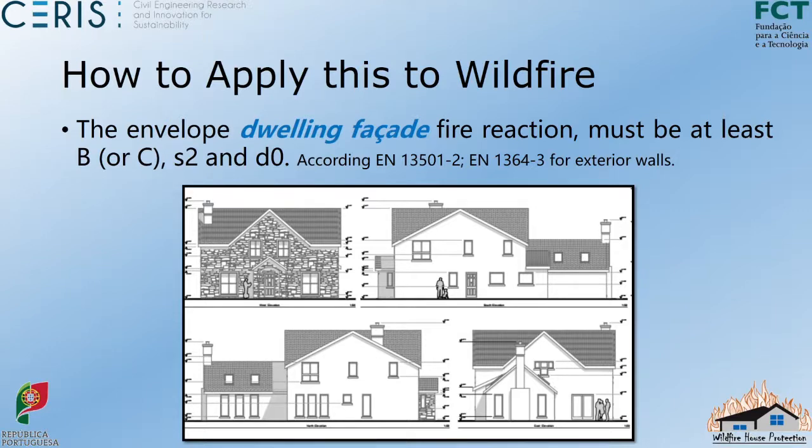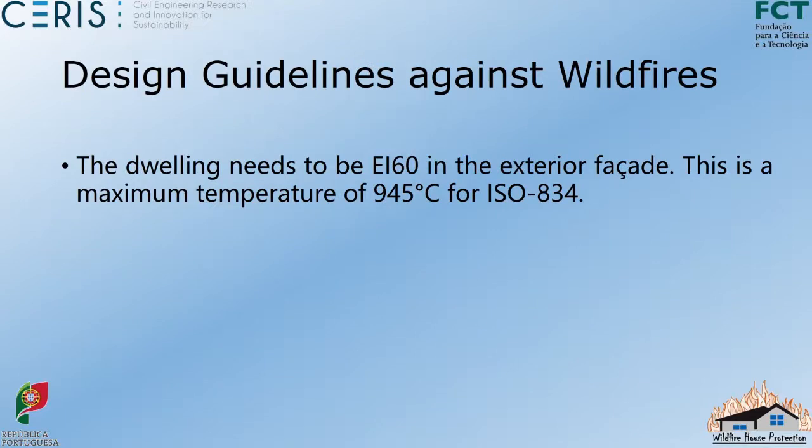Okay, so let's just make a fast summary. So the design guideline against wildfires is the need for the dwelling to be at least EI 60 minutes in the exterior facade. This is equivalent to reaching a maximum temperature of 445 degrees according to the ISO standard curve.